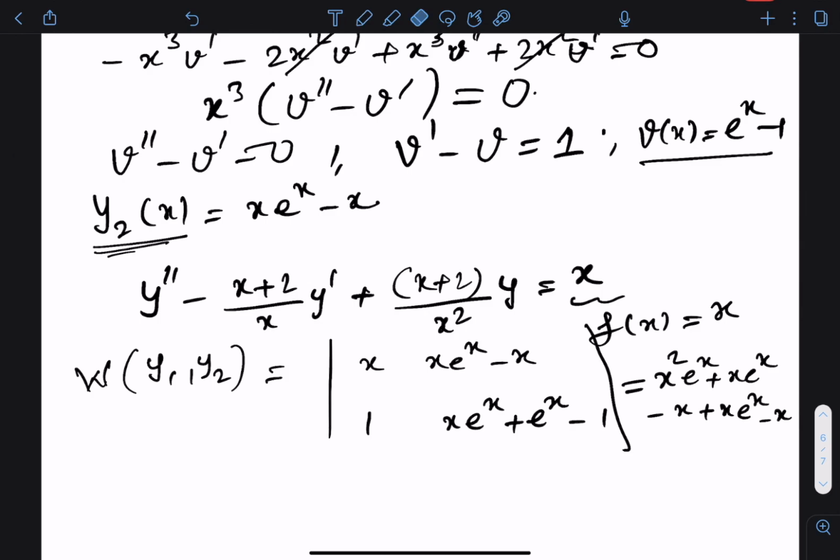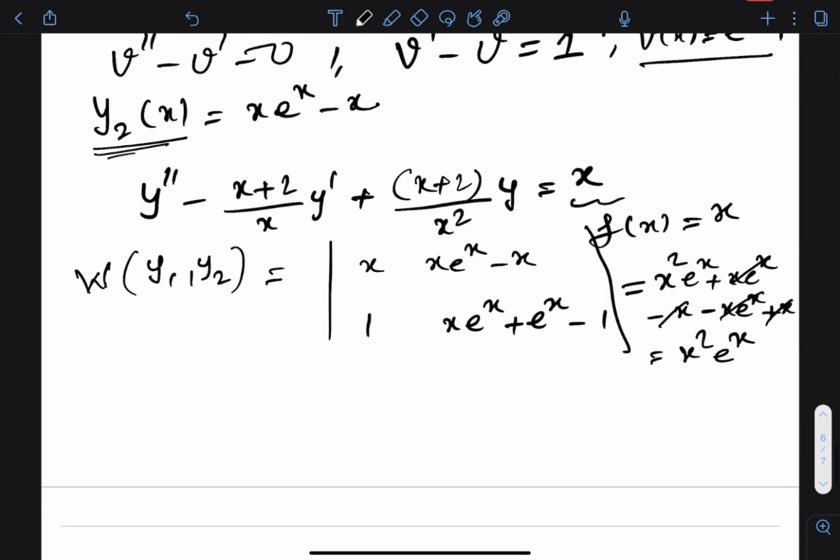Yeah, these two are opposite sign, right? It was minus of that, right? Minus x e power x plus x. So this x e power x minus x e power x minus x plus x gives you the Wronskian to be x squared e power x.